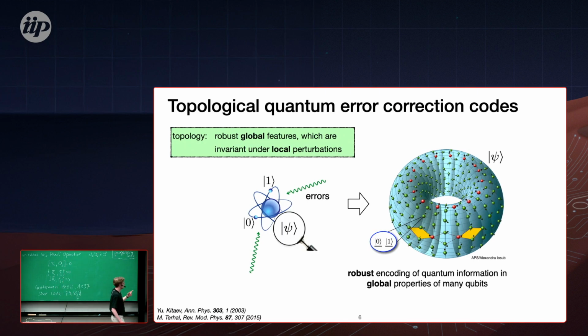So what you can, for example, here see on the right is lots of qubits that are put on a torus. And what I will now show you is a code that encodes logical information on global invariants, like this red circle that you can see here, that red string. And we can protect against local perturbations, so small errors on single physical qubits.